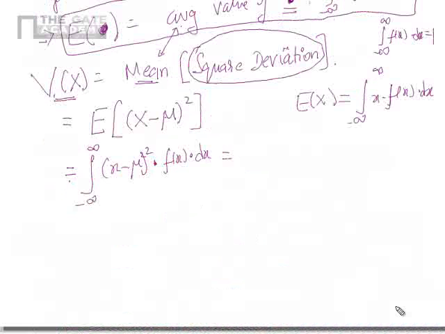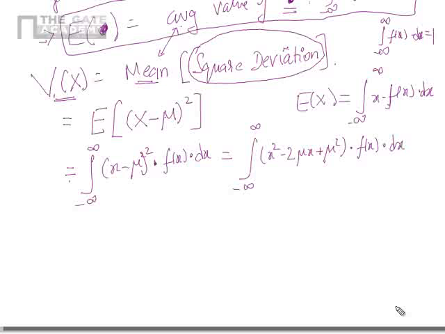Now what will we get from here? The integral from minus infinity to infinity, with x minus mu the whole square expanded. So I will get x square minus 2 mu x plus mu square, into f of x dx. Okay. Now I am going to multiply and split the integral.